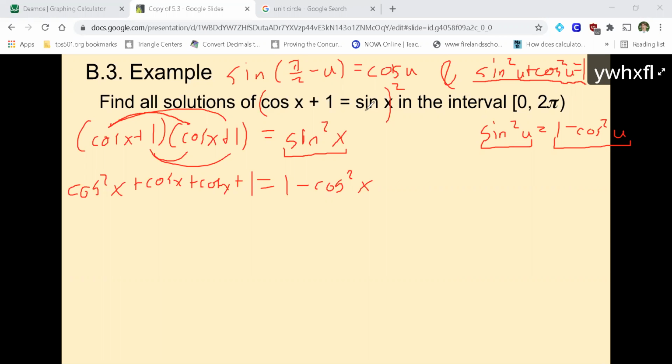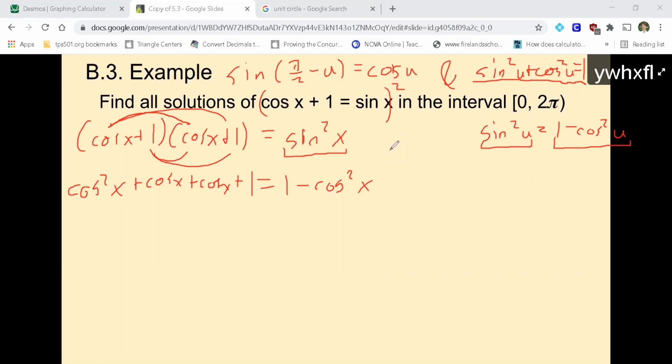You would be in a similar situation when you have tangent and secant, and cotangent and cosecant. If it's a mix other than those pairs, then you will be able, I think, to get it in terms of one function a little bit more easily by using your reciprocal identities and your quotient identities.